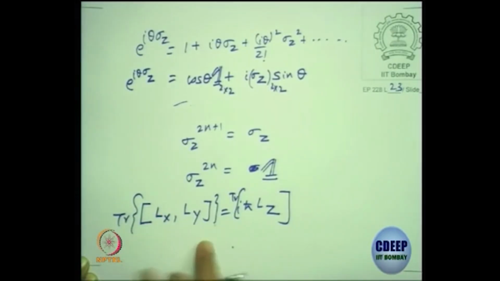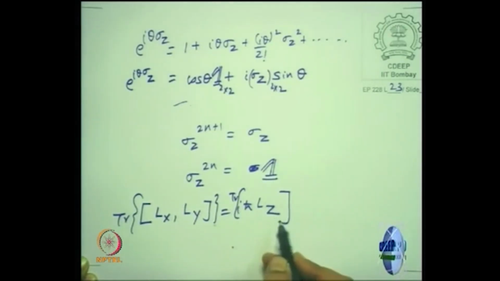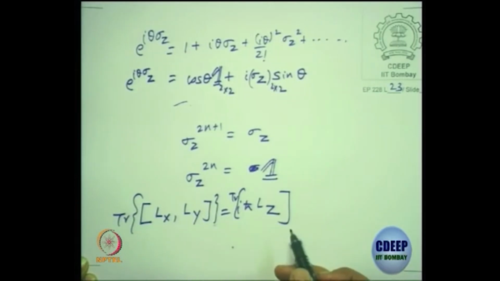This side is the trace of a commutator of two operators, which is 0. You have done this as an exercise, which means trace of Lz has to be 0, which means Lz has to be a traceless operator.